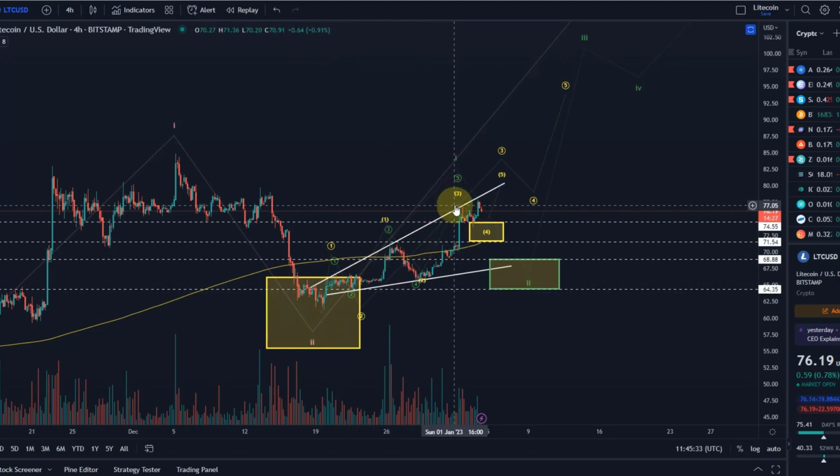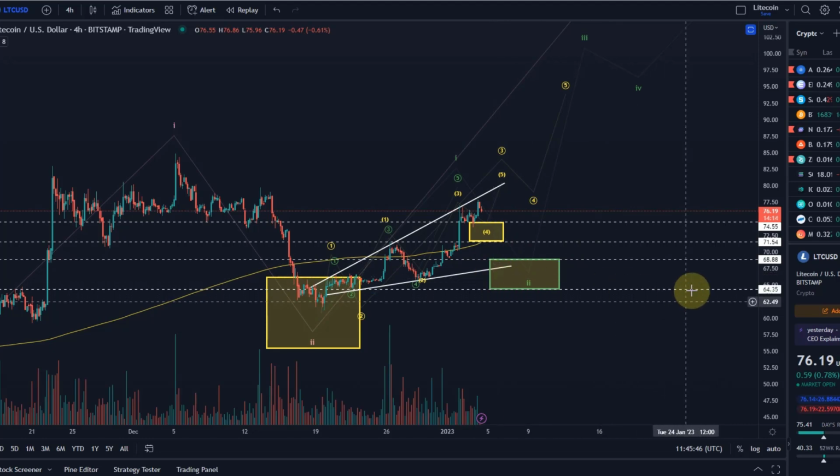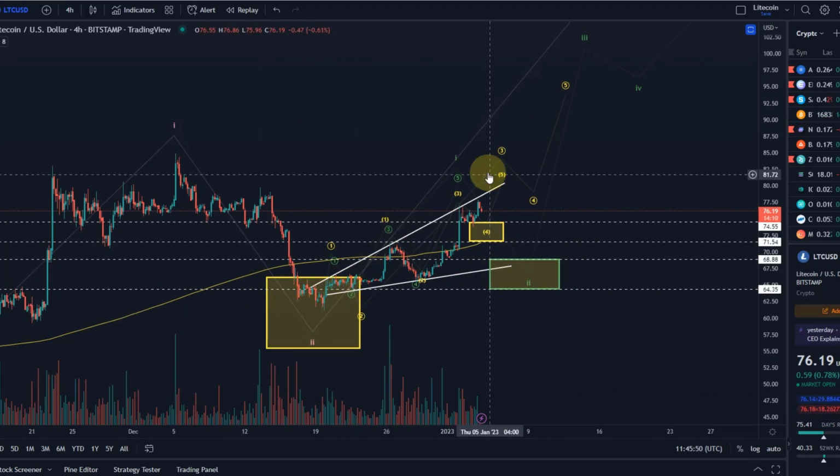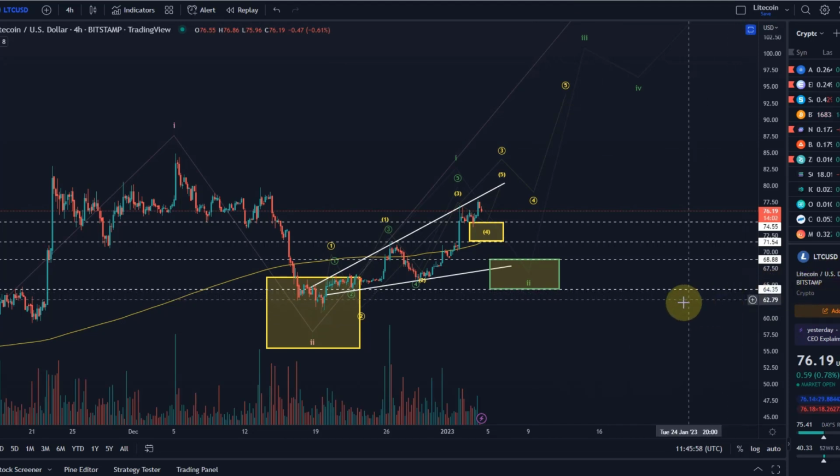Three waves up here in the wave 5, for example, would complete a wave 1. We could then say we came down in an A wave, we're now moving up in an overshooting wave B, and would then come down in a C wave to finish off this wave 2 in a lower area. But this would overall still be the bullish case, because it would just mean that we come down a bit lower before moving higher. The support level for this scenario sits at 64.35.